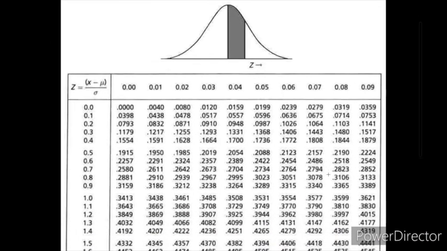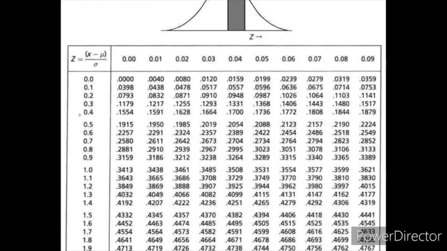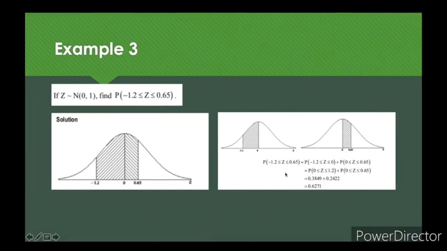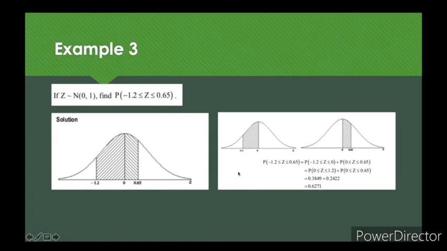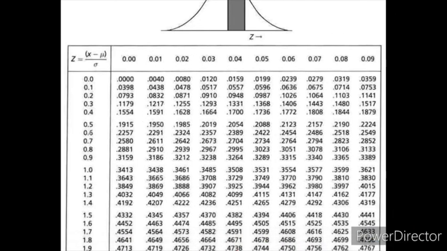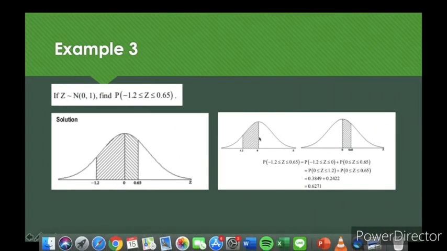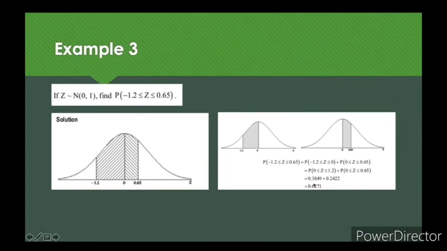Using the table, for 1.2 it is 0.3849, while from 0 to 0.65, look at 0.6 then 5: 0.2422. Then add them together, and you can find the value of this.